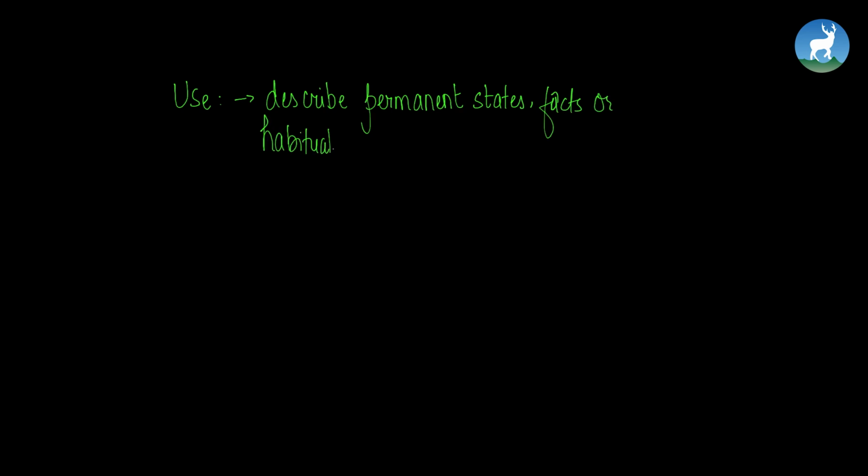Like I just explained, the use: it's used to describe permanent states, facts, or habitual actions, right? Basically about explaining the condition of someone or something at the present time.